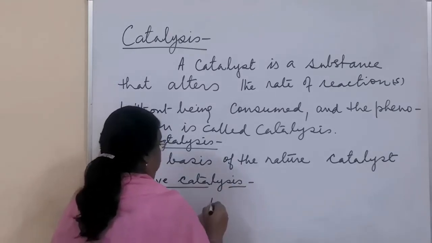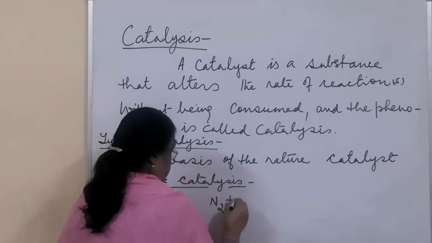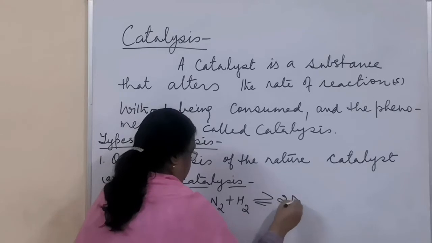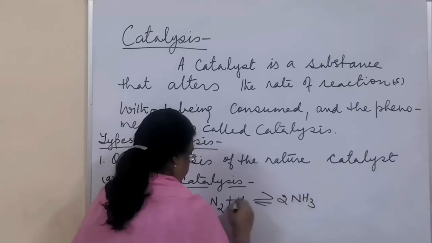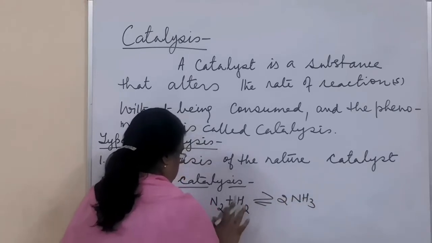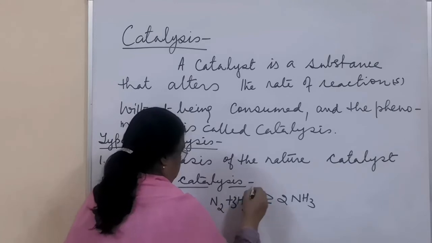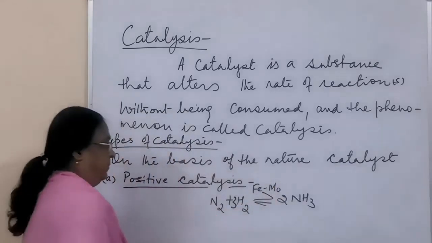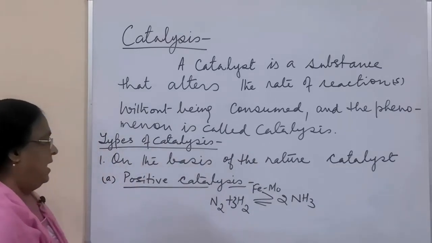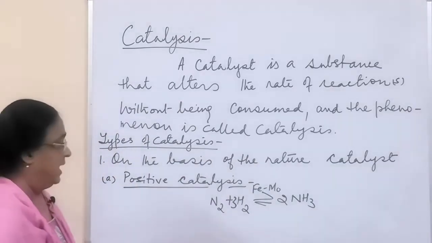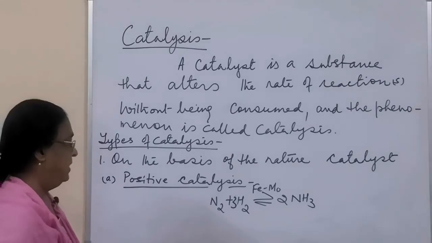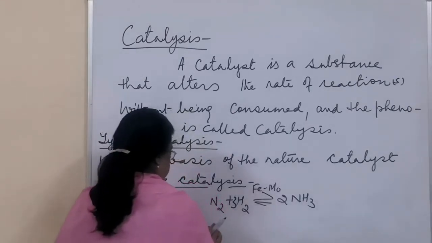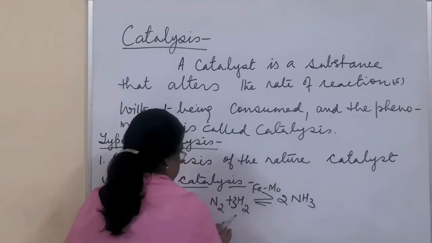Example you know very well: nitrogen and hydrogen combining to give ammonia gas, and this reaction takes place in the presence of Fe over molybdenum. Fe is your catalyst and molybdenum is promoter. Rate of the reaction is increased.